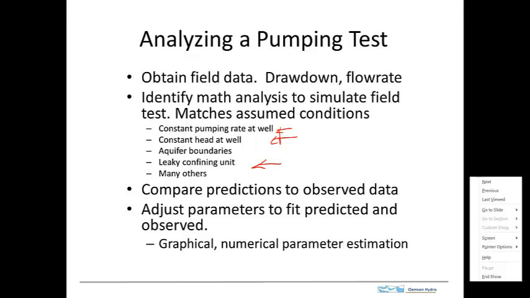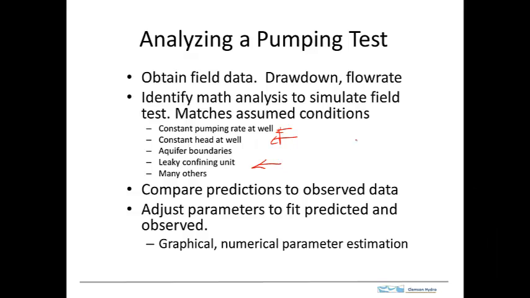And so then the strategy is to adjust the parameters in the analysis. The way these analyses work is that they'll predict the hydraulic head, but they require you to tell them what the transmissivity and the storativity and perhaps other parameters are. So you try out a set of parameters and see how well they predict the data.